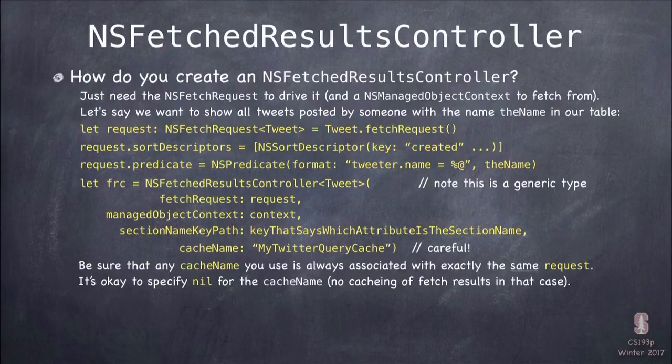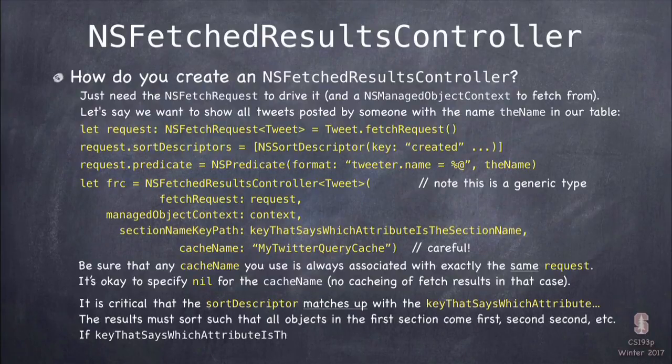As soon as you change anything about your request, like the tweeter.name that you're searching for, or what you're sorting by, now that cache is invalid, and you'll have to invalidate that cache. There's some API in there for doing that. You can pass nil there if you don't want to do the caching, which for most reasonably sized data sets is perfectly fine. You don't really need the caching. But I just want to emphasize that if you change your request, your cache is now invalid.